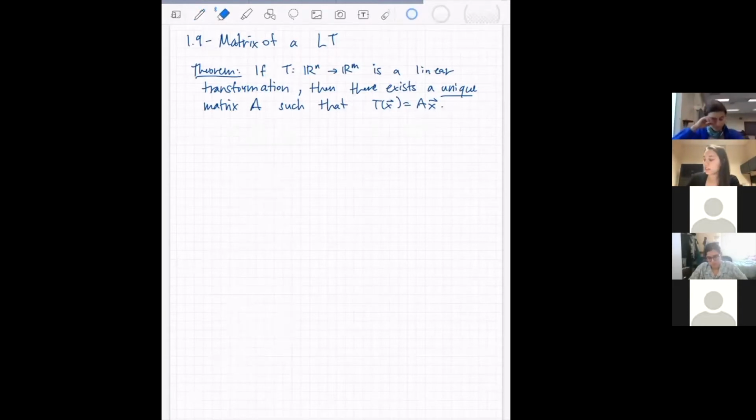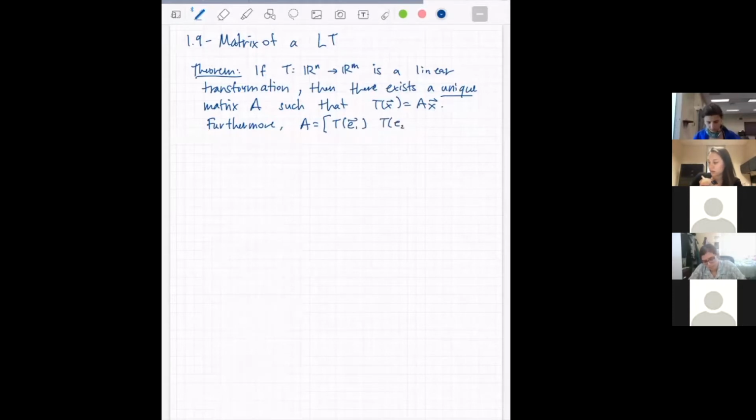Okay. And furthermore, this unique matrix A has a particular form. We just form a matrix by taking for each of the columns T applied to the unit vector E1, starting with E1, then E2 as the next column, so T of E2, up to T of En.